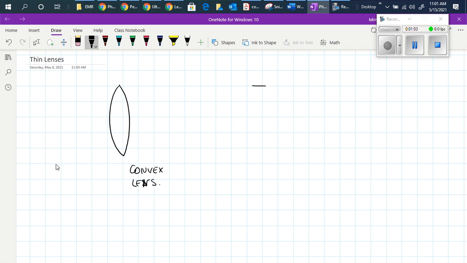And when we have a lens that looks like this, then we are dealing with the concave lenses. So, okay, this is for the configuration, just so you know.